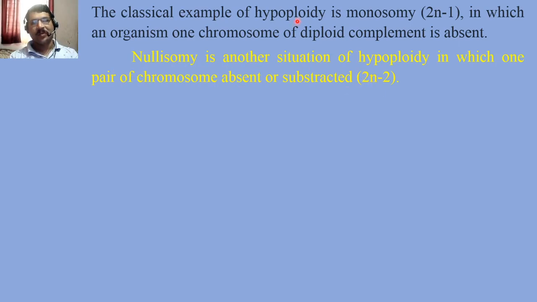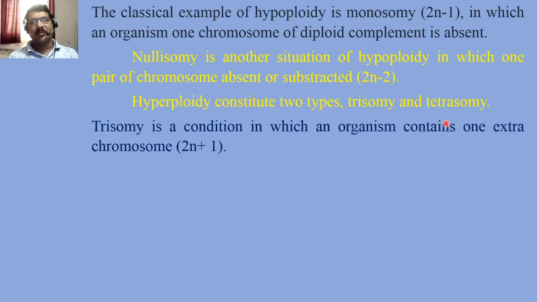So there are two types of hypoploidy, monosomy and nullisomy. Monosomy is represented by one chromosome being subtracted, and nullisomy is the condition in which two chromosomes get subtracted. Then another type is hyperploidy. It constitutes two types, trisomy and tetrasomy.